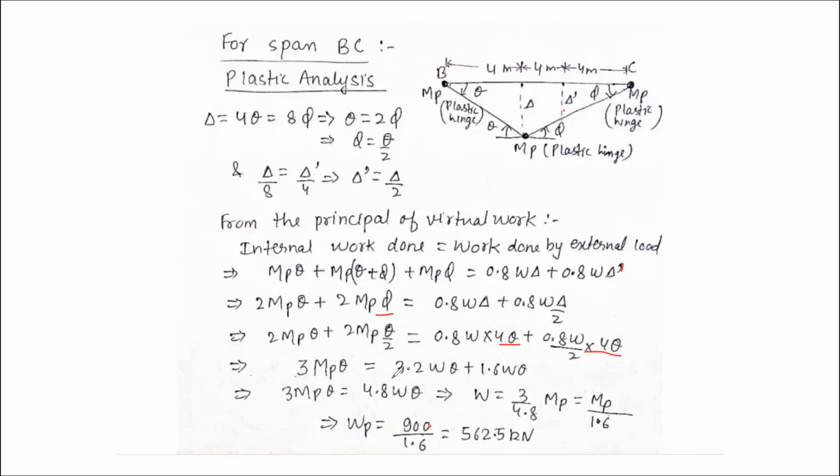Ito, 4 theta. Then, ito, 3 MP theta is equal to 3.2 W theta plus 1.6 W theta. So, makakuha tayo ng value ng WP. Yan. 900 over 1.6 is equal to 562.5 kN.